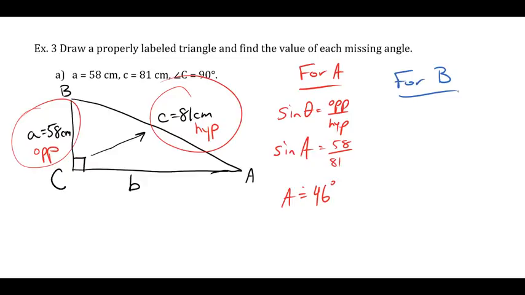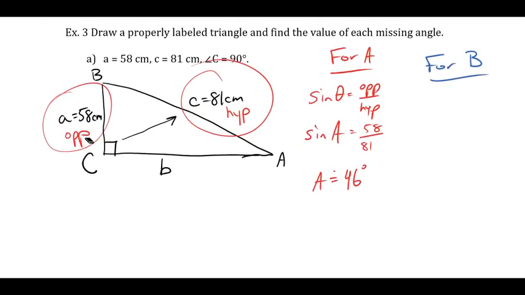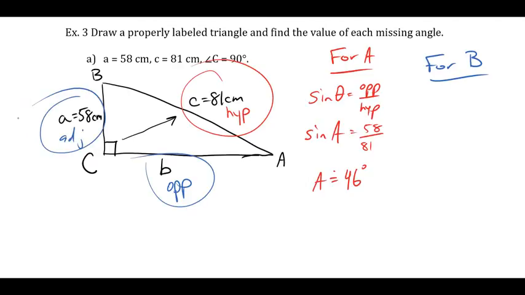Okay, so this is what you have to watch. This is what can be confusing. That is no longer opposite. This is, here, I'll do this in blue. It'll match nicely. This is now my opposite, and this is adjacent. Because I changed the angle. When I was using this angle, it was opposite. When I'm using the blue angle up here, B, it's adjacent. So for B, it's going to be cos theta.